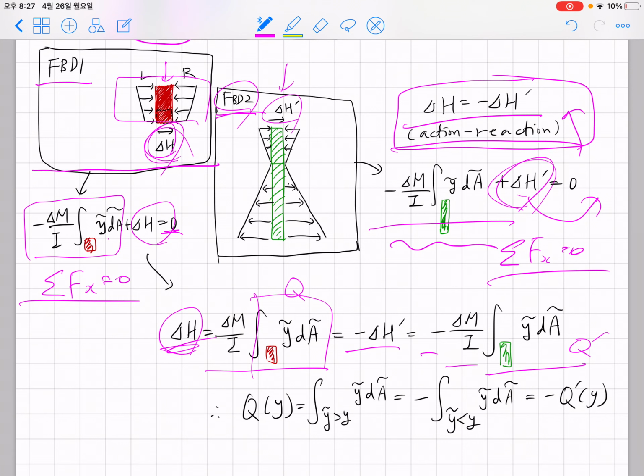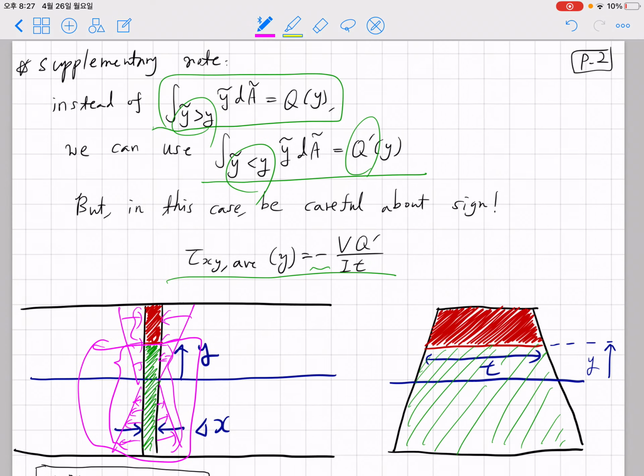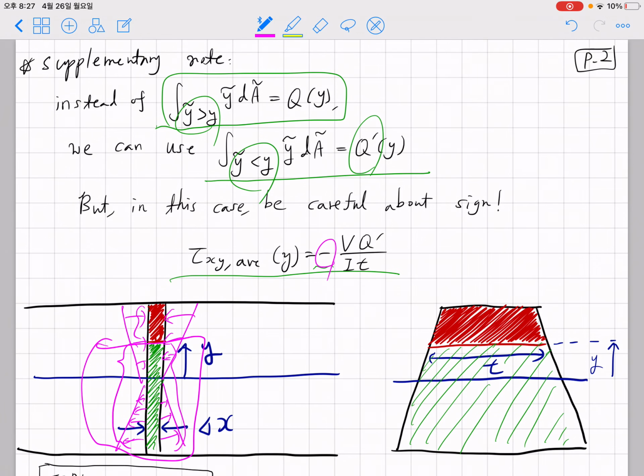Okay, so now what you can realize is after removing all these, Qy, which is the integral above the y location, is the same as negative integral below the y location, and let's define this as Q prime. Except for this, previously you have a positive sign here. Here, after replacing Q with Q prime, you have a negative sign here.